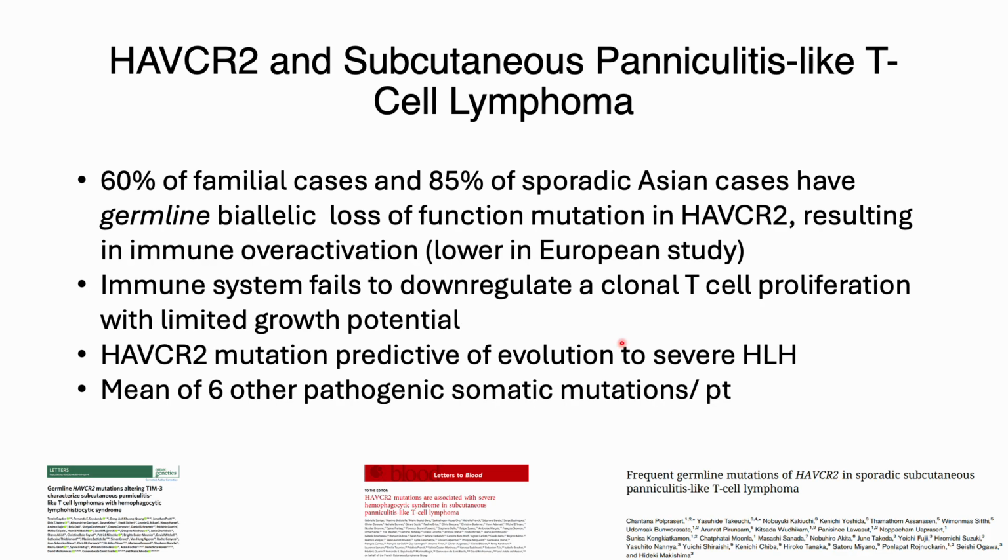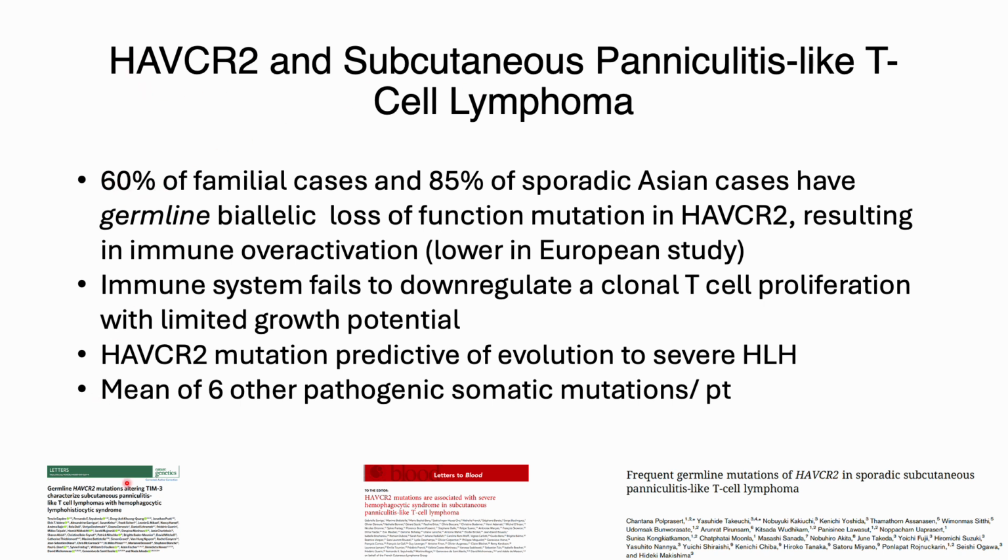So the diagnosis of this entity on a skin biopsy has been made quite a lot easier, I think, by the discovery that mutations in HAVCR2 underlie many cases of subcutaneous panniculitis like T-cell lymphoma. But these are germline mutations, and they're biallelic rather than in the tumour itself.